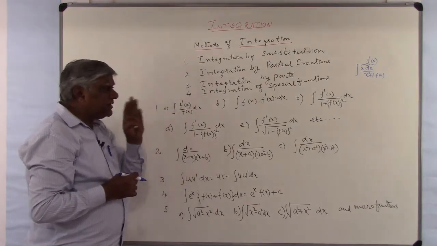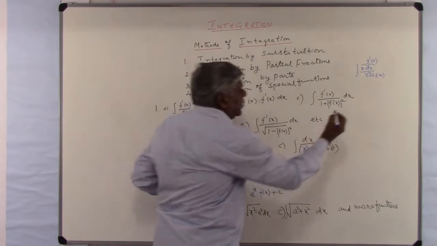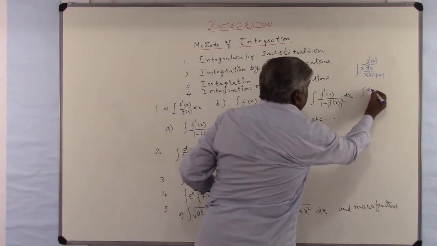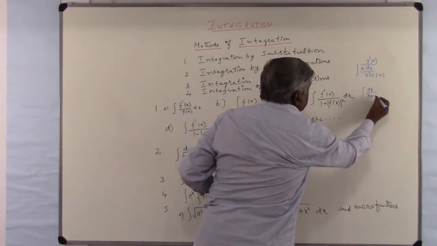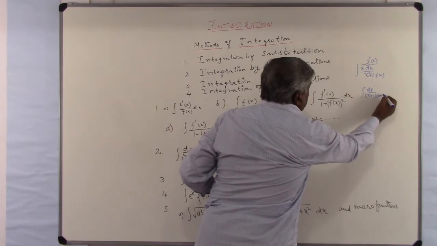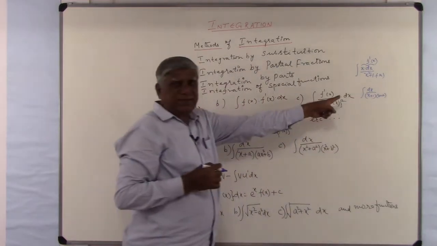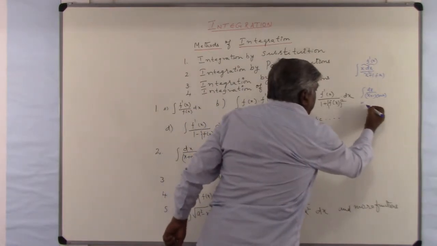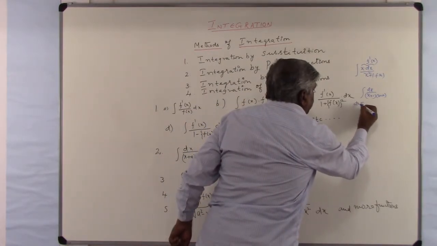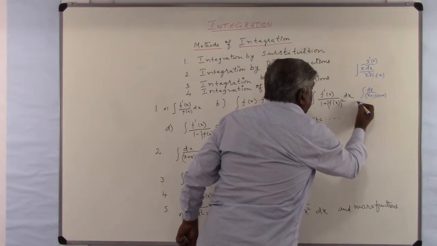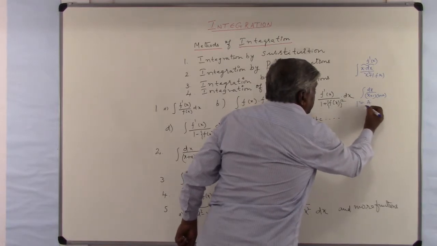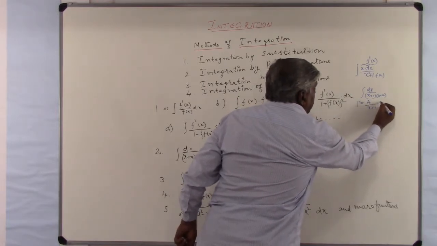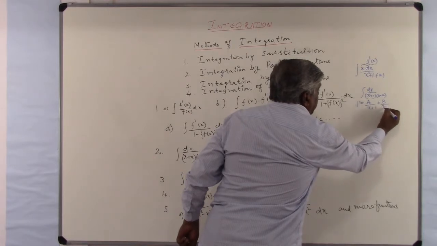Secondly, integration by partial fractions. For example, we are doing dx by x plus 1 into x plus 2. How to integrate this? For this, what we do, we write 1 is equal to a by x plus 1 plus b by x plus 2.